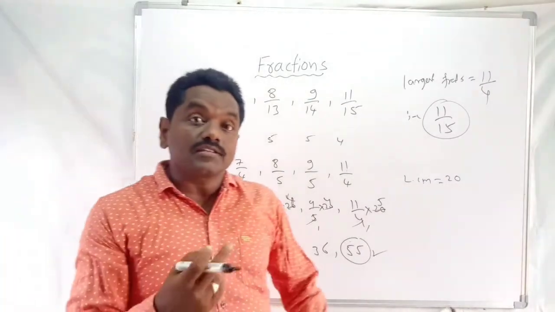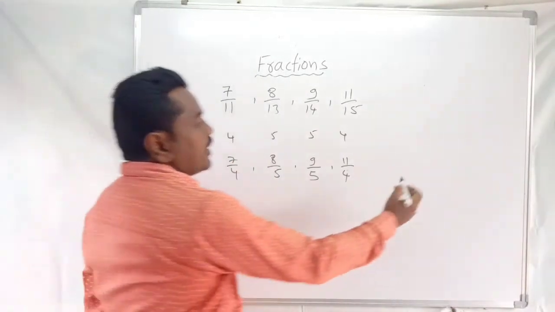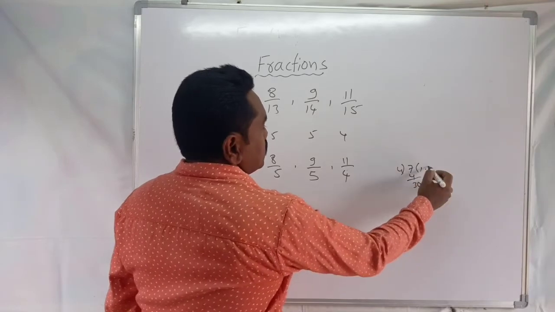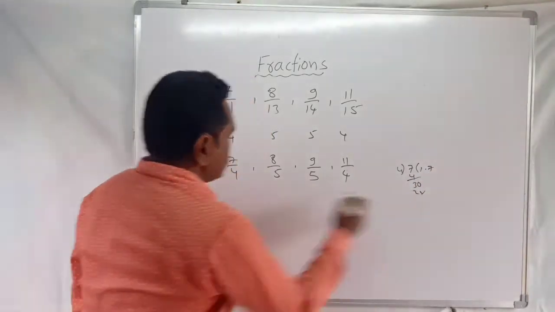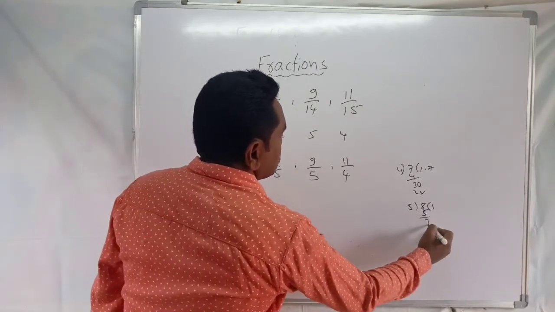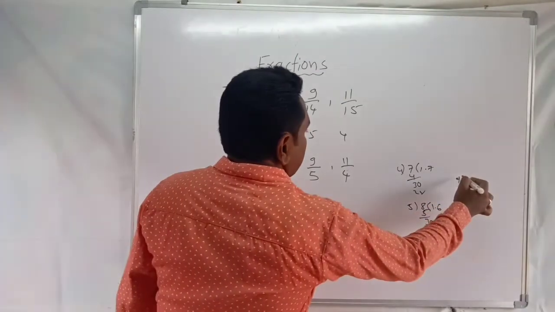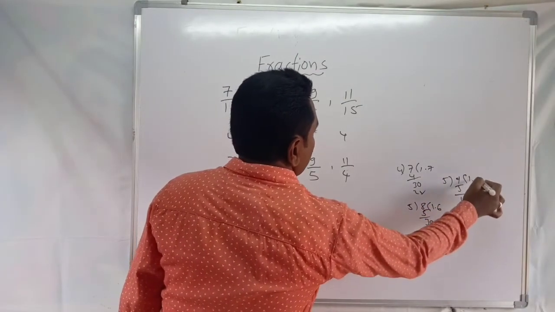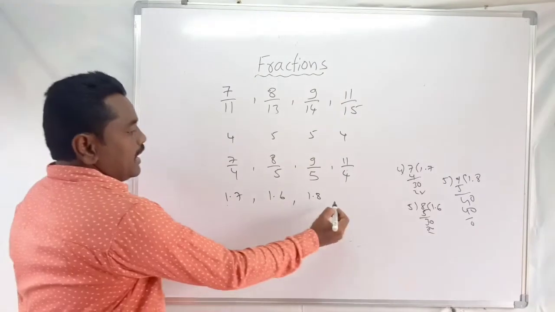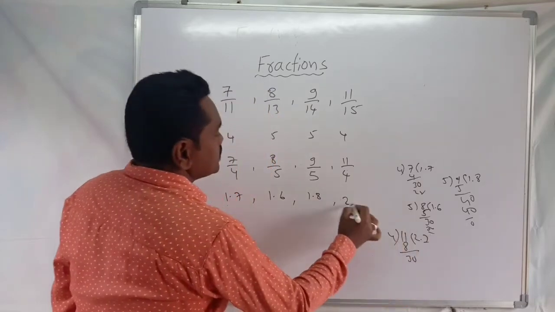So what is the smallest fraction? Let's see. Dividing: 7 by 4 is 1.75, 8 by 5 is 1.6, 9 by 5 is 1.8, 11 by 4 is 2.75.